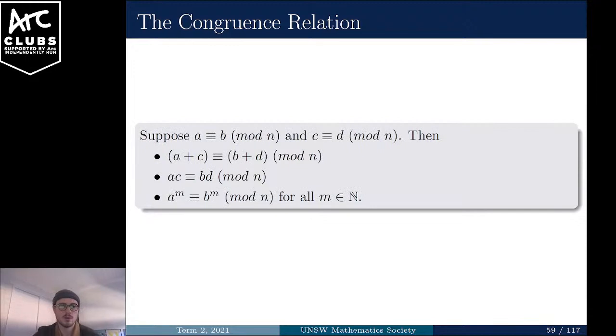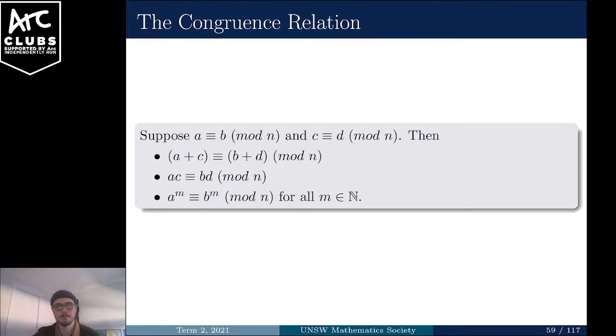Cool. All right, so we've got a couple of properties here that we can look at. If a is congruent to b and c is congruent to d, both modulo n, then when we add a and c, it's essentially adding b and d, right?